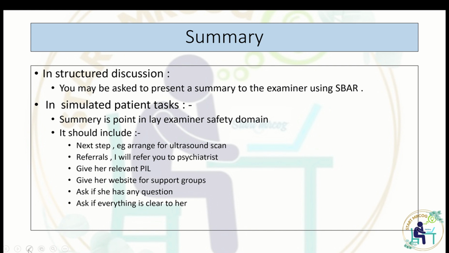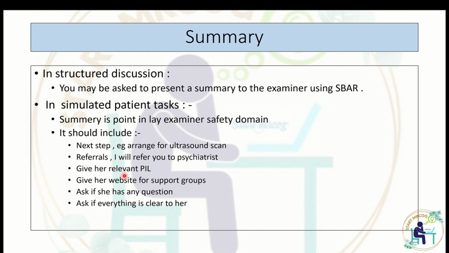Summary. In structured discussion, you may be asked to present the summary to the examiner using the SBAR, and usually it will be a failure point in communication with the colleague. In simulated patient tasks, summary is an important point in the lay examiner mark sheet in the safety domain. It should include next steps, for example, to arrange for an ultrasound and the necessary referrals, like I will refer you to the psychiatrist, and to give relevant patient information leaflets.